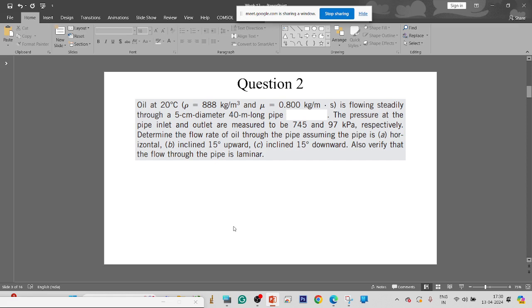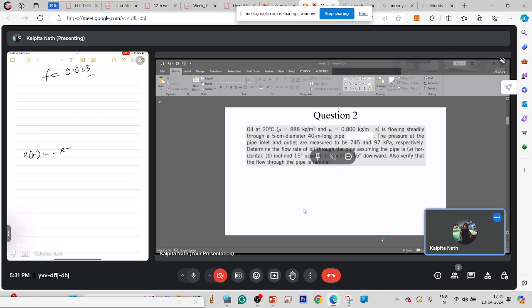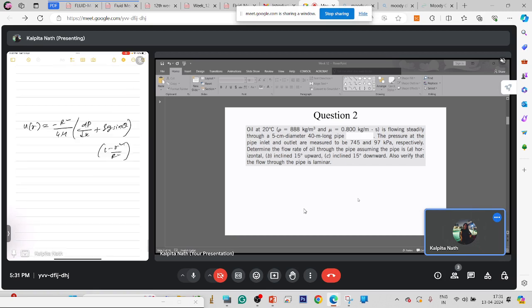Now if we solve this, u(r) we get as minus R square by 4 mu times dp/dx plus rho g sine theta, times 1 minus small r square upon capital R square.